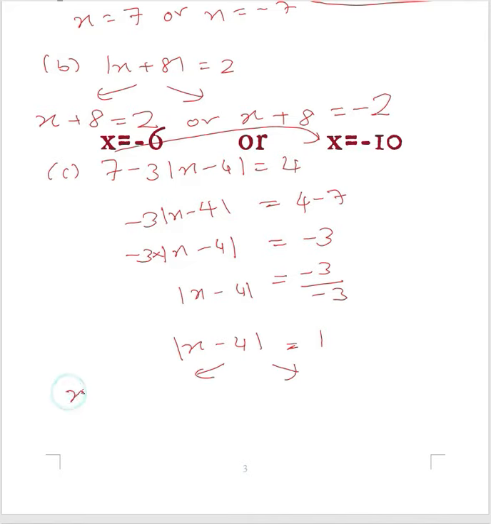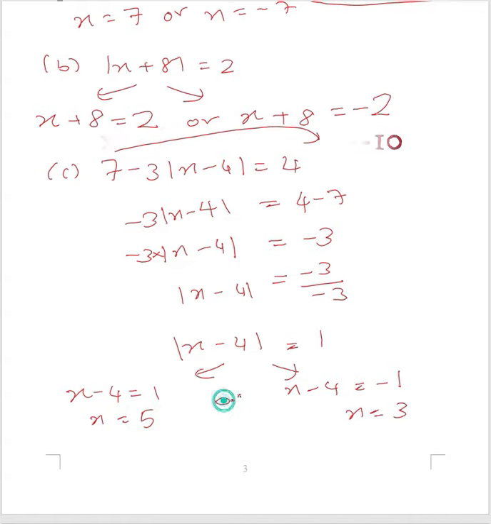Only now you can use the definition. One side is exactly the same as the one that you have got. For the other one, you just put a negative sign on the right side. So here you get x equal to 5 and then x equal to 3, with an OR sign in the middle.